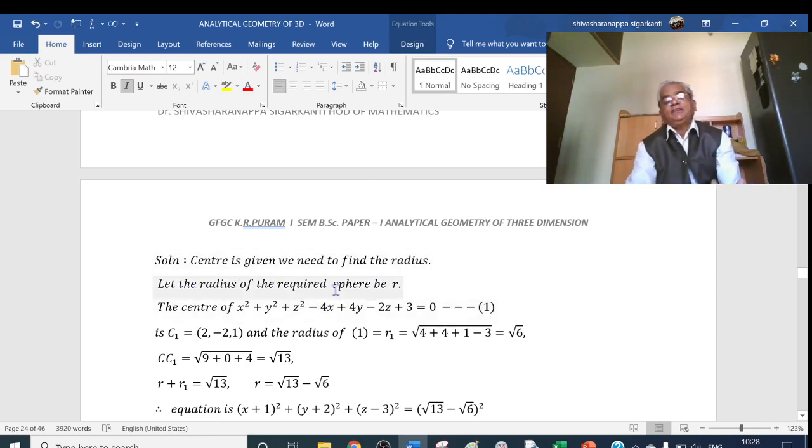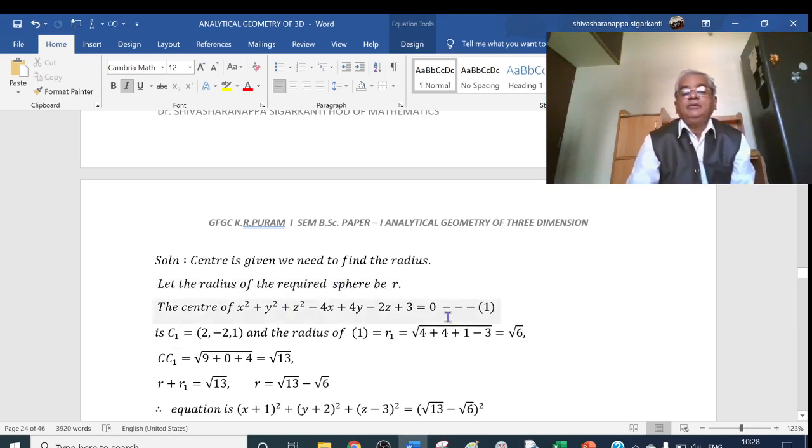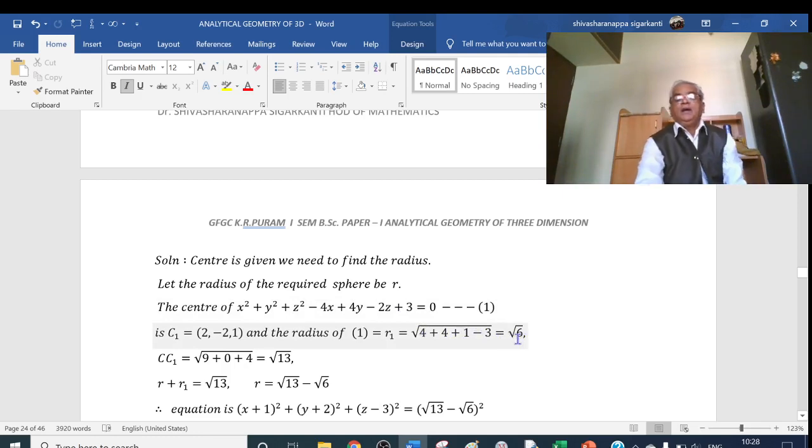Let me take the radius of the sphere as R. The center of the given sphere is (2, -2, 1) and the radius R1 is equal to, using this formula, root of u square plus v square plus w square minus d. u square, 2 square is 4, plus 1 square is 1, minus 3. This is equal to root of 6. This is the radius of the given sphere.